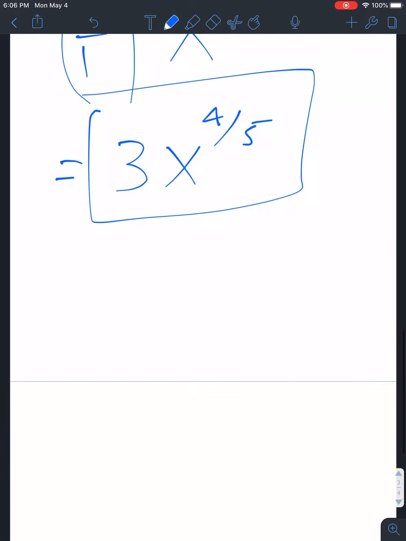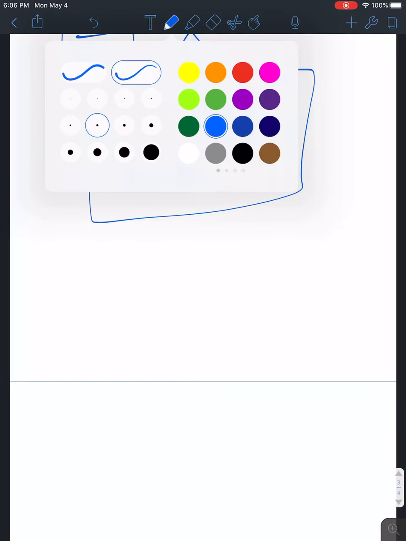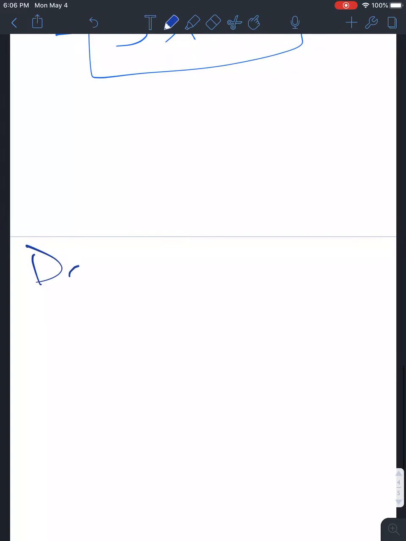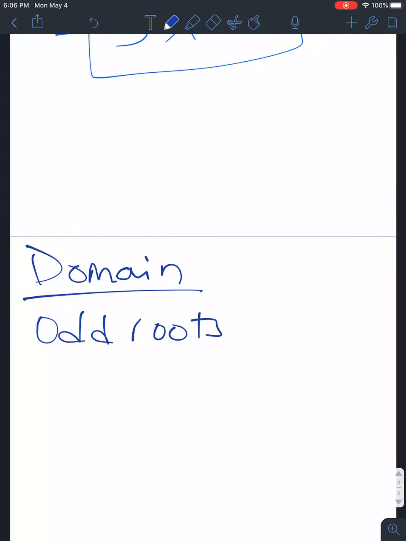Now, I will make just one quick note about domain, because there are some pretty big domain changes from polynomials. And honestly, that's the biggest change that you're going to be working with, other than adding and subtracting your fractional exponents. So your domain, if you have any odd roots. So remember, roots are determined by the denominator.